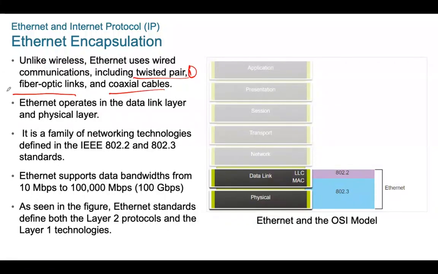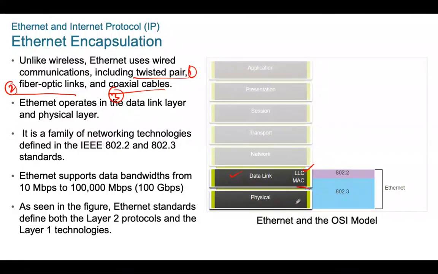Twisted pairs, fiber optics links and coaxial cables are used. So this Ethernet operates at which layer? Your data link layer. This data link layer is divided into two parts: logical link control and your MAC address.